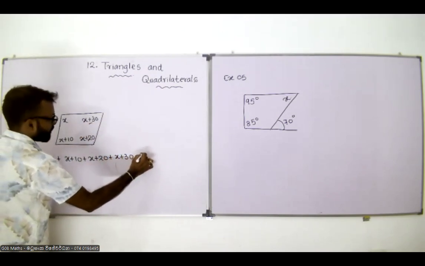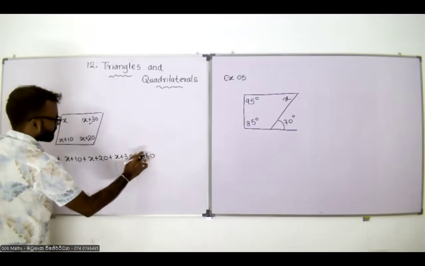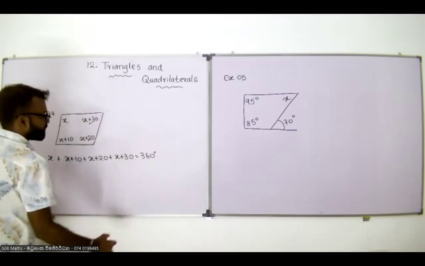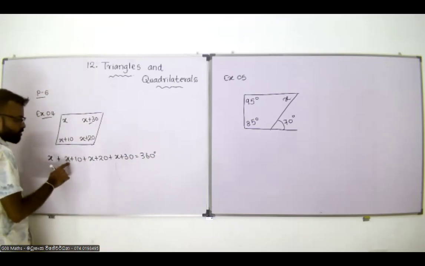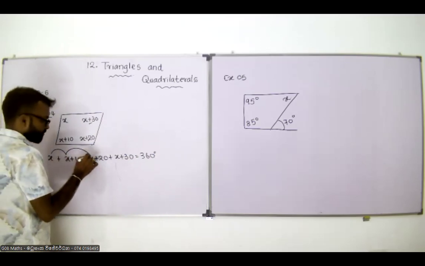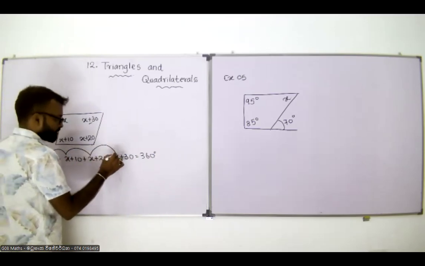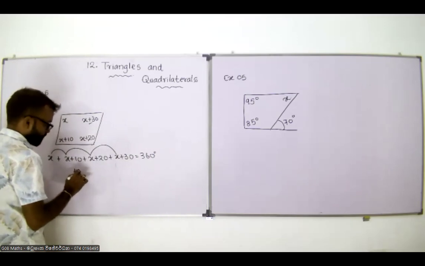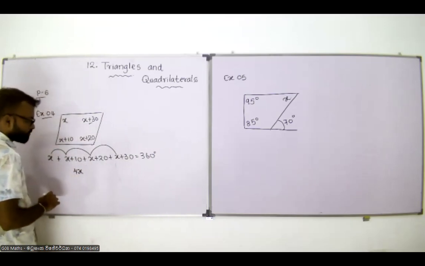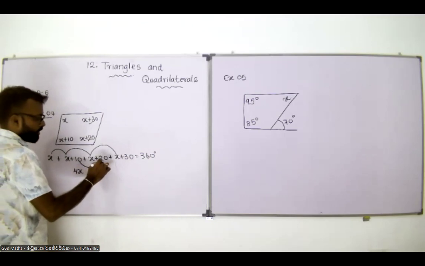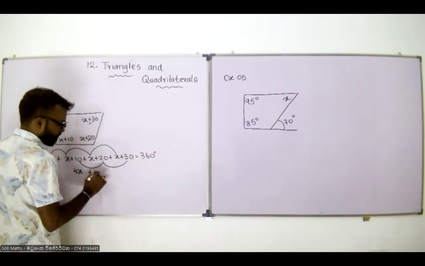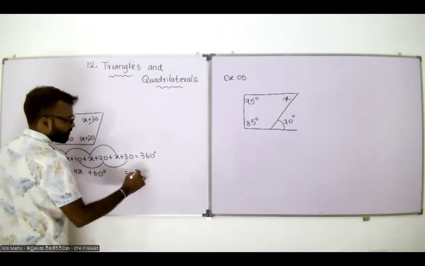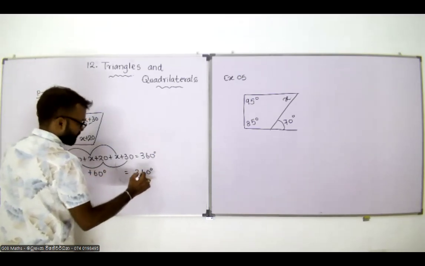is equal to 360 degrees, which is the summation of the interior angles of a quadrilateral. X plus X is 2x, 2x plus X is 3x, 3x plus X is 4x. 10 plus 20 is 30, 30 plus 30 is 60. So 4x plus 60 degrees is equal to 360.